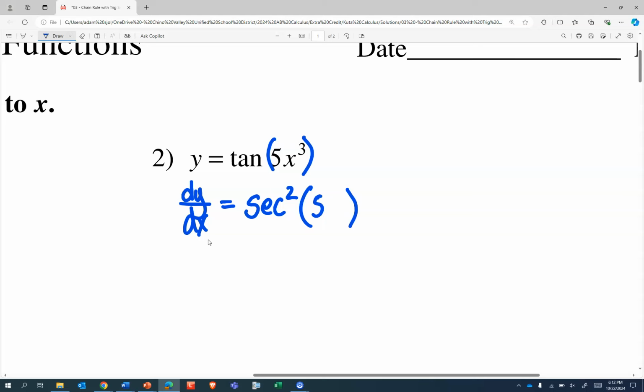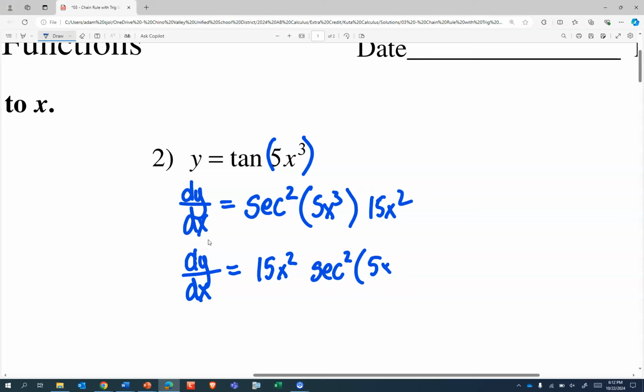And this something is 5x cubed, which has a rate of change of 15x squared. We'll assume, to make everything match, the best way to write that is 15x squared out front times secant squared of 5x cubed. Cool.